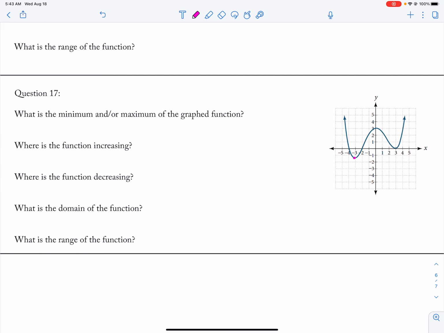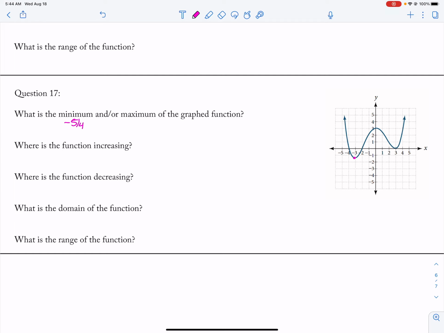So we would say -5/4. There is a difference between an absolute and a relative, but we'll talk about that a little bit later. When I ask you for the minimum or maximum, I'm looking for the absolute, the bump that is the lowest.